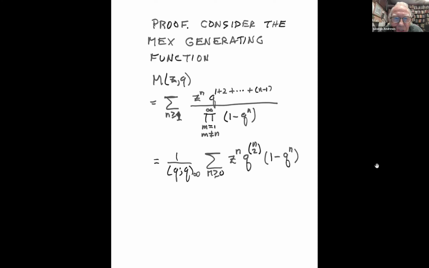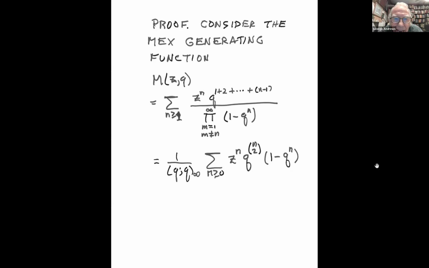Well, first you consider how you generate the minimal excludant generating function. In order to do that, we look at where n is the missing part in the partition.